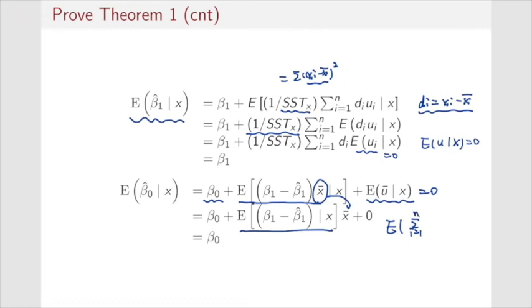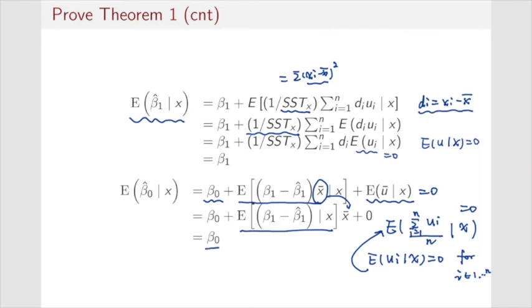You can write down this u bar is equal to 1 over n times the sum of ui, divided by n, conditional on x, because the assumption holds for all i from 1 to n, so this term, if you replace here, is equal to 0.